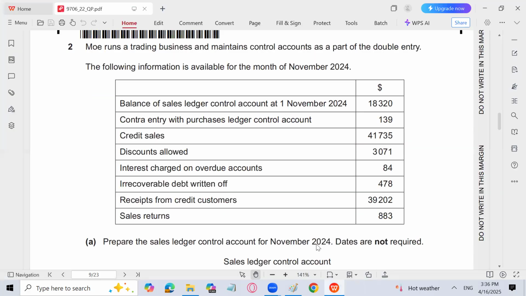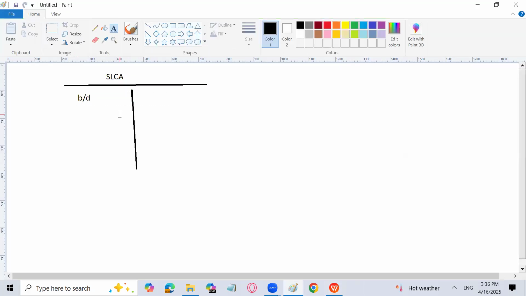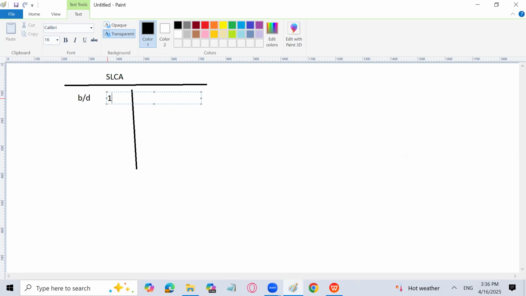Brought down is going to be 18320. It means trade receivable at the start of the year, or balance brought down, or trade receivable at the beginning.